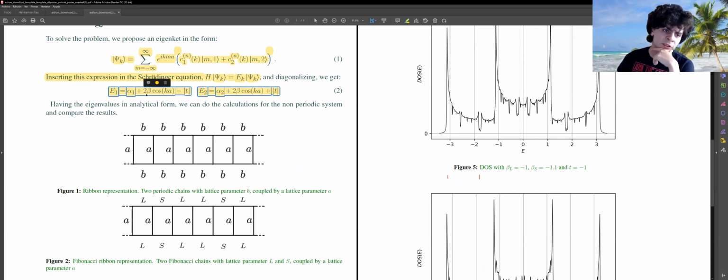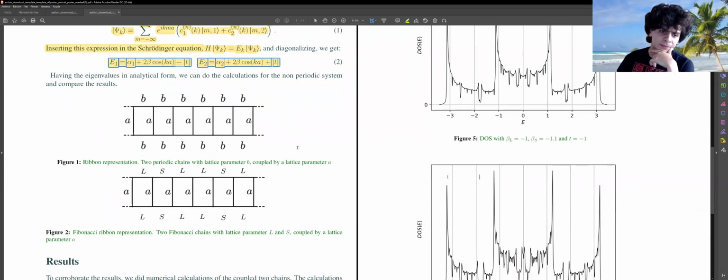This expression, 2β cos(Ka), is the energy spectrum of a linear chain. So when we couple two linear chains, we get an extra term, the absolute value of T, that will serve as a gravity center.